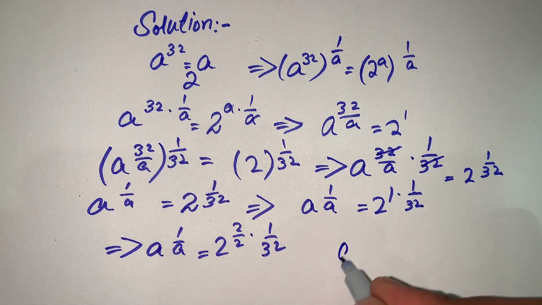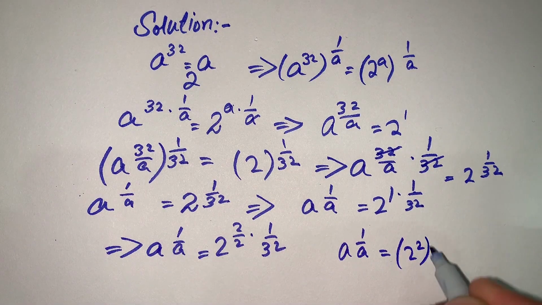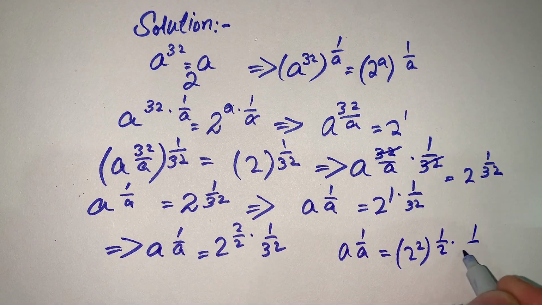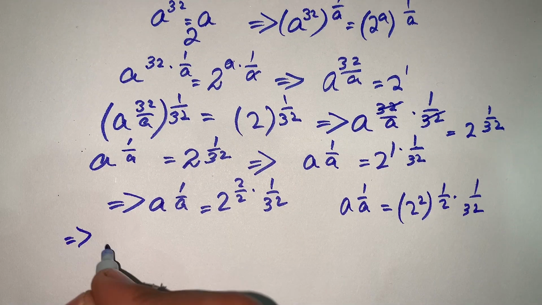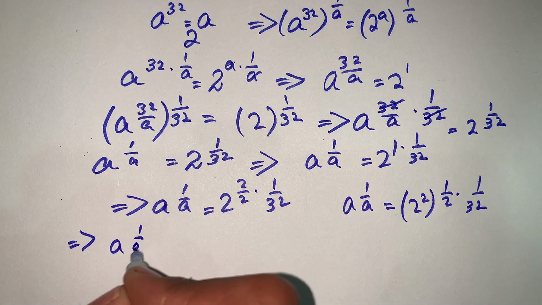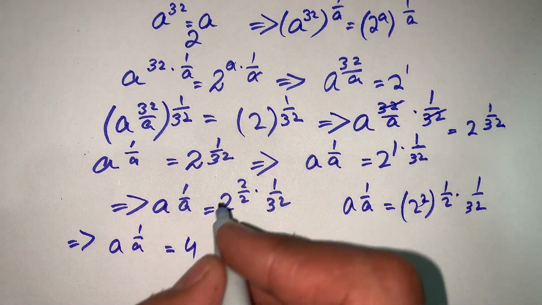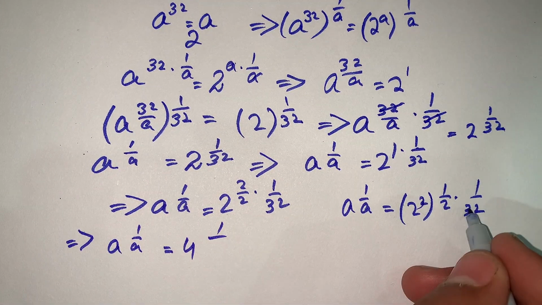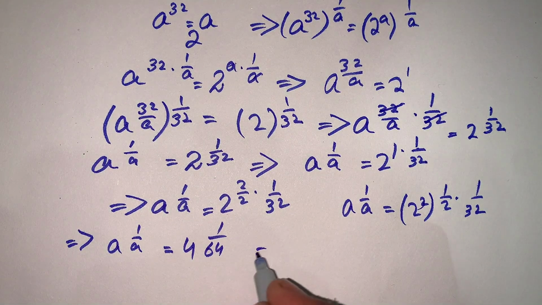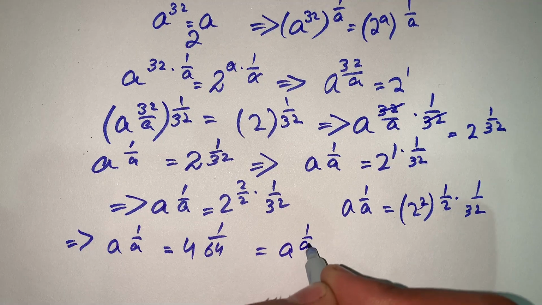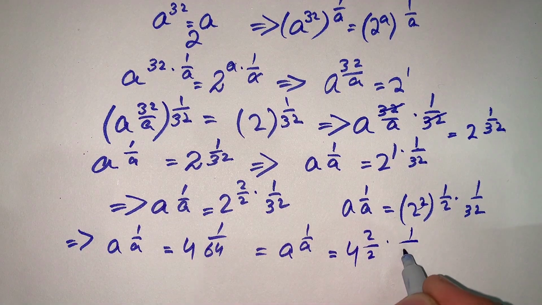So a to the power 1 divided by a is equal to 2 square to the power 1 divided by 2 into 1 divided by 32, and this will be a to the power 1 divided by a is equal to 2 square is 4 to the power 1 divided by 32 multiplied by 2 is 64, is equal to a to the power 1 divided by a is equal to 4 to the power 2 divided by 2 into 1 divided by 64.